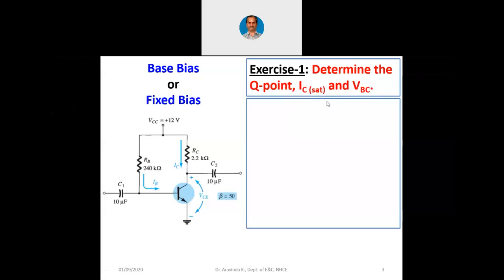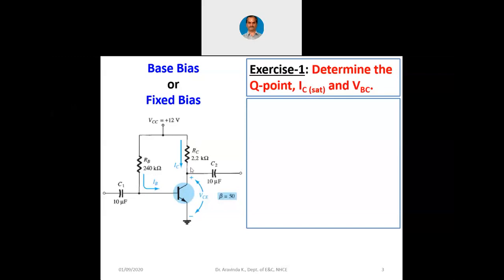Just to recall the basics, you can easily find out IB by VCC minus VBE divided by RB. If you apply KVL at the input side, you will see that there is RB and there is VBE. So it is 12 minus 0.7 divided by 240 kilo ohms. That is IB. Now beta is given. So IB into beta is IC.